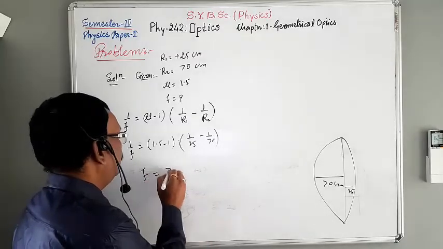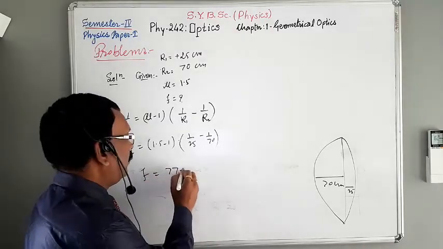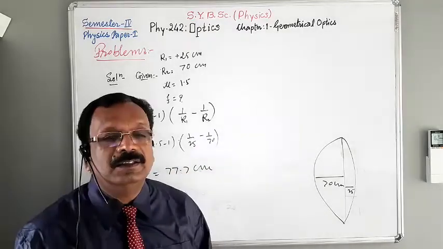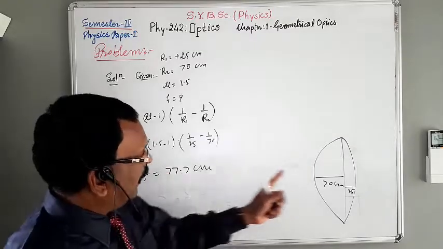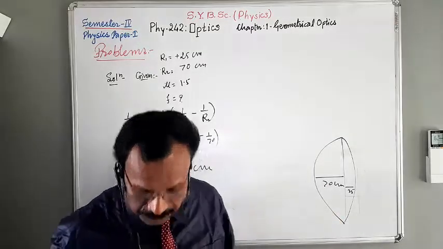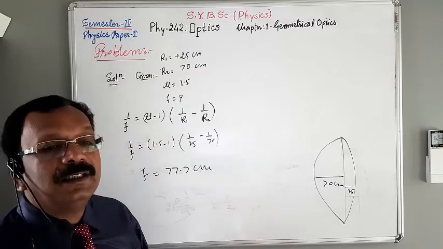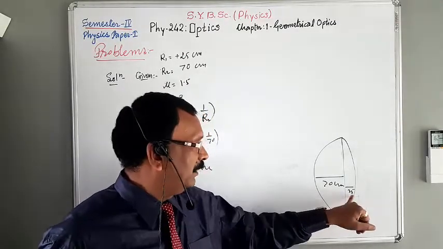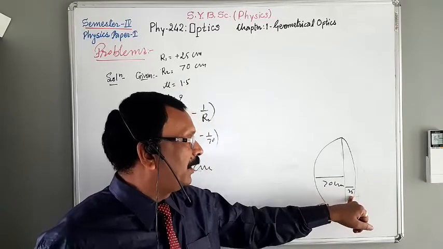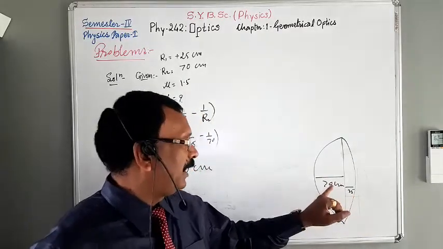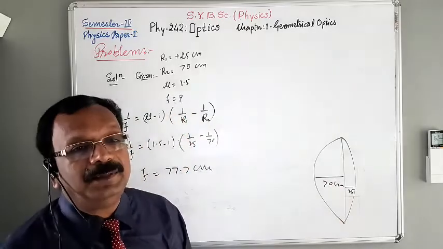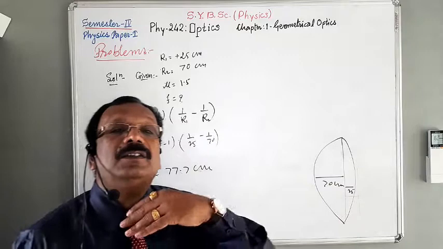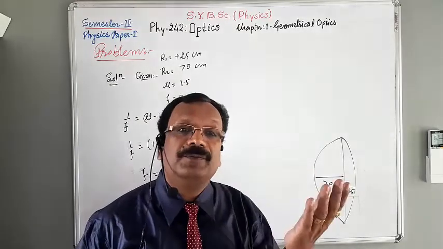f is equal to 77.7 centimeter. When you solve this bracket by using a calculator, the answer will be the focal length of such a convex lens having two surfaces with different radii of curvature, that is, one surface having radius of curvature 25 centimeter and another surface having radius 70 centimeter, as well as the refractive index of the material being 1.5.